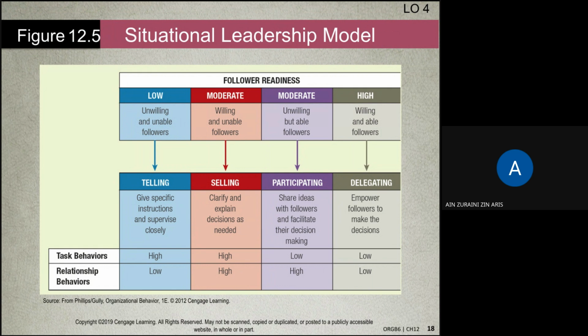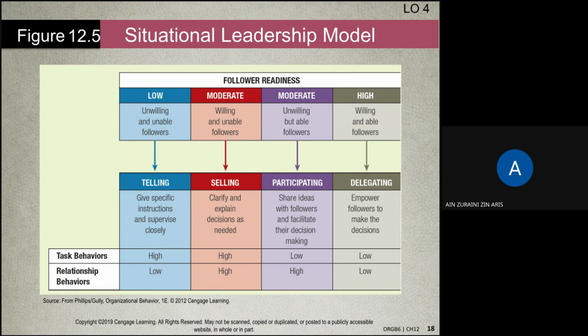Okay, and the third one is participating or supporting. It may need low directive and high supportive. You can refer to the task behaviors and relationship behaviors there. Directive refers to the task behaviors, supportive is relationship behaviors.